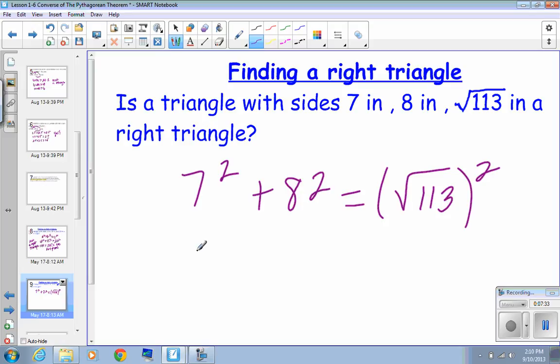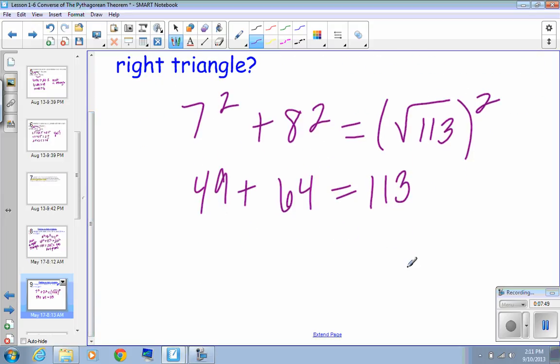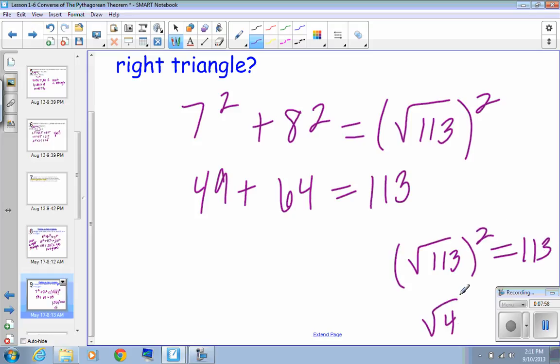So 7 squared is 49, 8 squared is 64. I want you to put in the square root of 113 squared in your calculator. You're going to get that number. So make a note that any square root squared is going to give you that number.